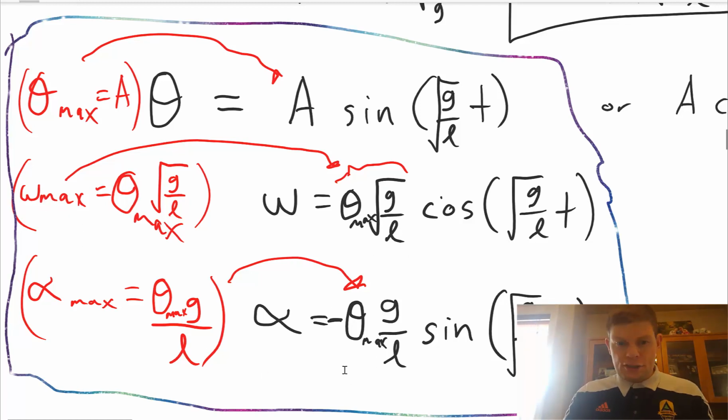By exactly the same logic, sine has a max value of 1, multiply it by this junk, and that means angular acceleration has a max value of the max angular displacement times g over L. So keep these in mind. They're occasionally useful and not too hard to figure out once you believe this original formula for angular displacement. You just take a couple derivatives and use a little logic.